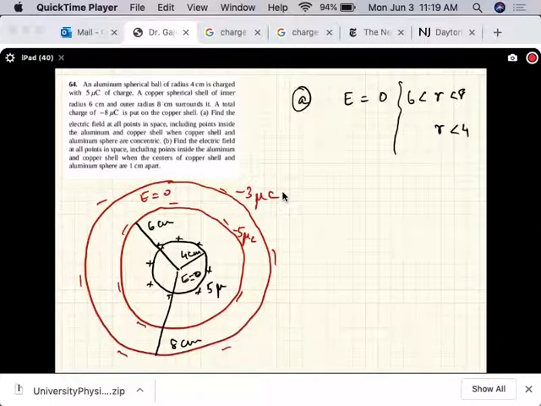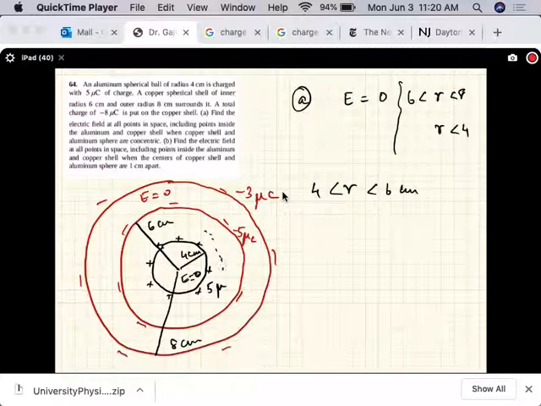Now we have to find the electric field for R between 4 and 6 centimeters. For this, we'll draw a Gaussian surface like that. I don't want to make the diagram too busy, but from the symmetry of the problem, I'll go ahead and draw it.